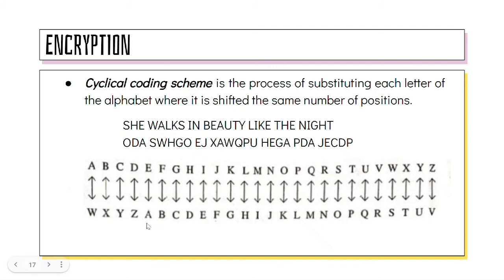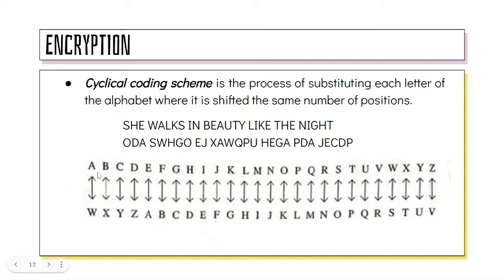And for E, A. Then W in the plain text has its own corresponding ciphertext. When we reach T, the ciphertext it represents is P. Okay? I hope this is understood. You may have noticed, ma'am, that at the bottom, for example W, has DA as its corresponding ciphertext.